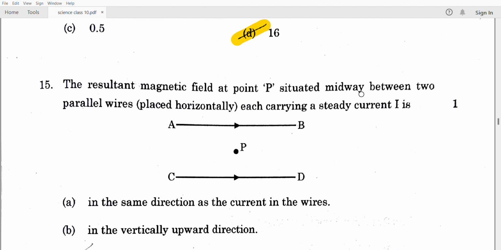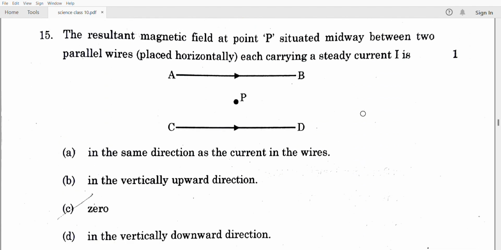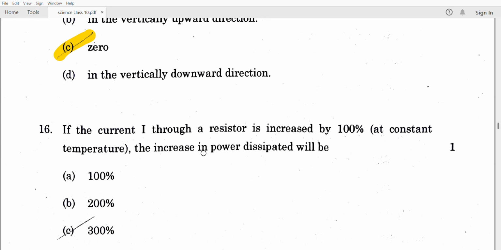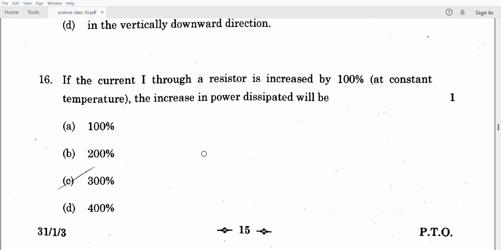The resultant magnetic field at the point P situated midway between two parallel wires placed horizontally, each carrying a steady current in the same direction. Then here, since it is in the same direction, the magnetic field will be 0. Then if the current I through a resistor is increased by 100% at constant temperature, the increase in power dissipated will be.